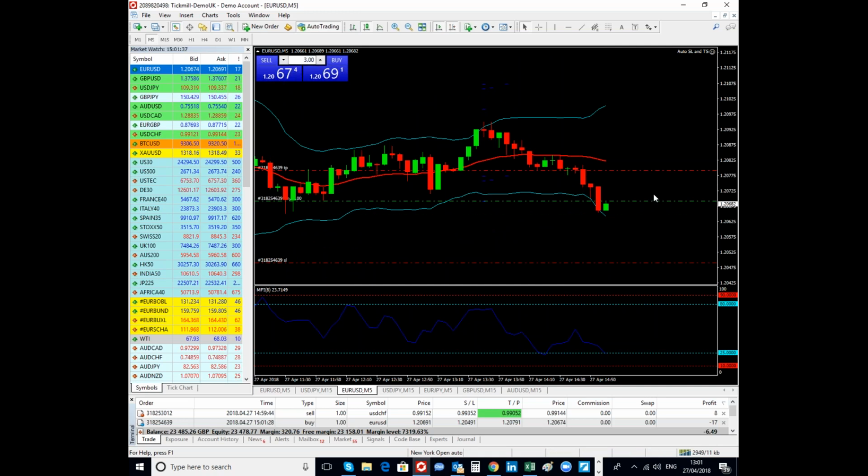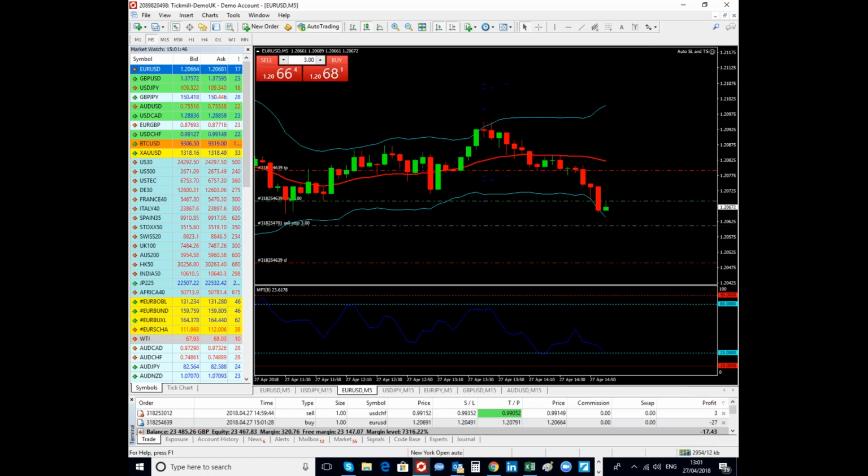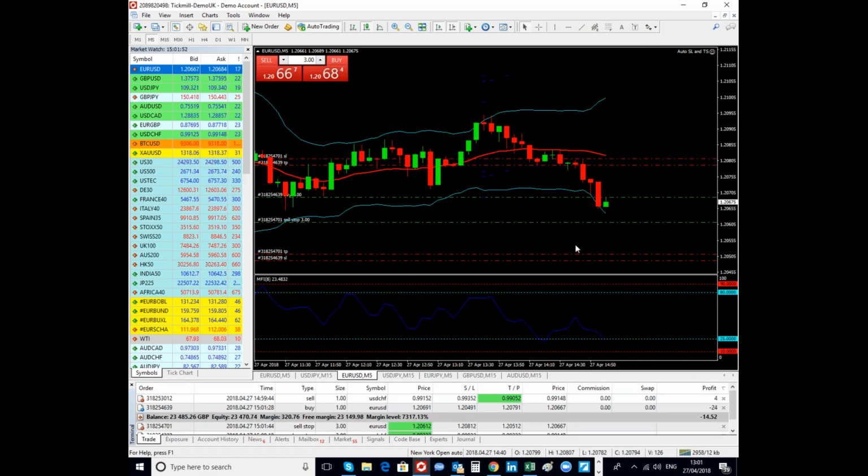I'll put my hedge in, 8 pips below. Leave that, let it play out. So this one hit the bottom band. Ideally, I would have taken it when it hit the bottom on the red one.